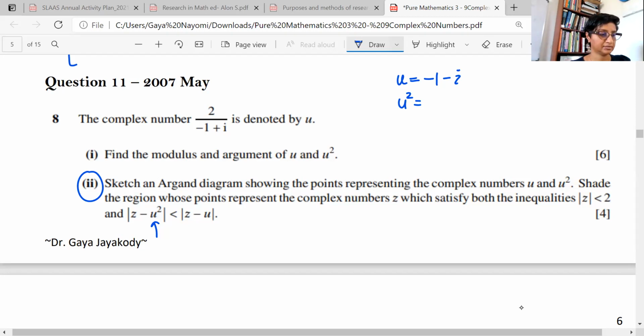Yes, just 2y. I think it is 2 plus 2y. Yeah, Nitni says 2 plus 2y. Check that again. It's 1 plus 1, so it gives you 2. 2 plus 2y.